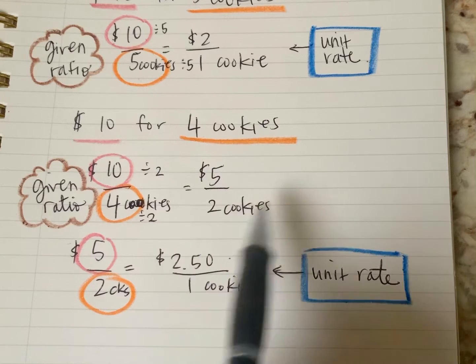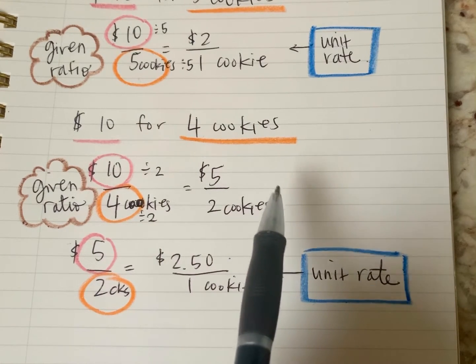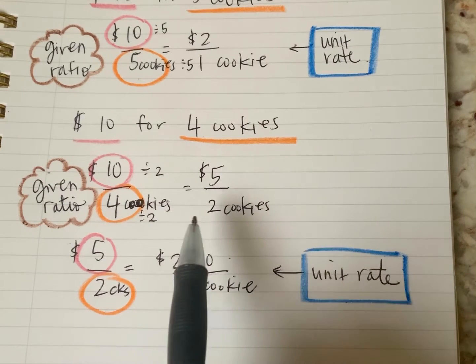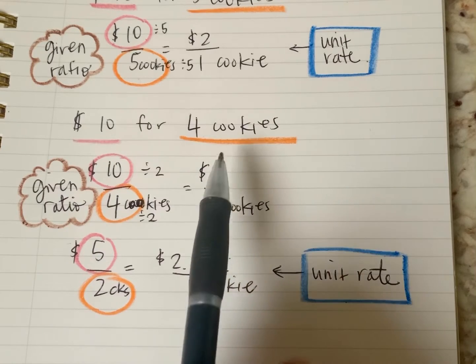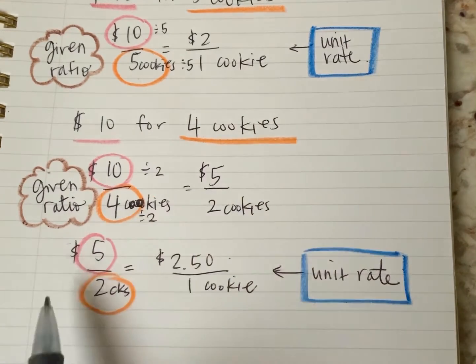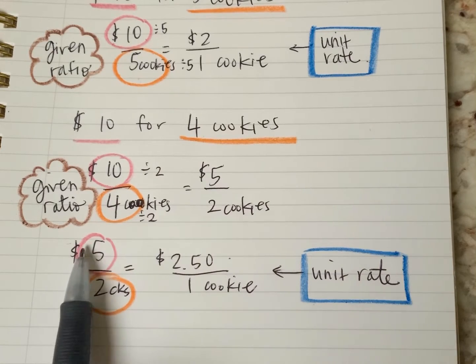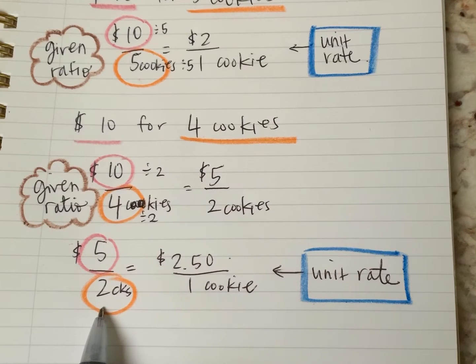Now we're closer to that unit rate that we're looking for, and we're looking for that 1 cookie unit, right? And so we went from 10 over 4 to 5 over 2. 5 over 2 is a little bit more palatable, right? So then I'm going to rewrite the ratio, $5 over 2 cookies.